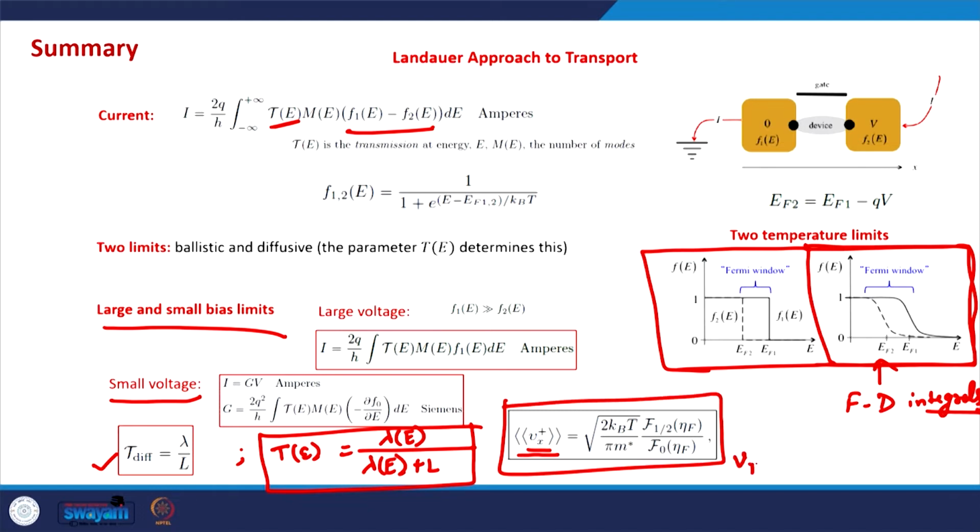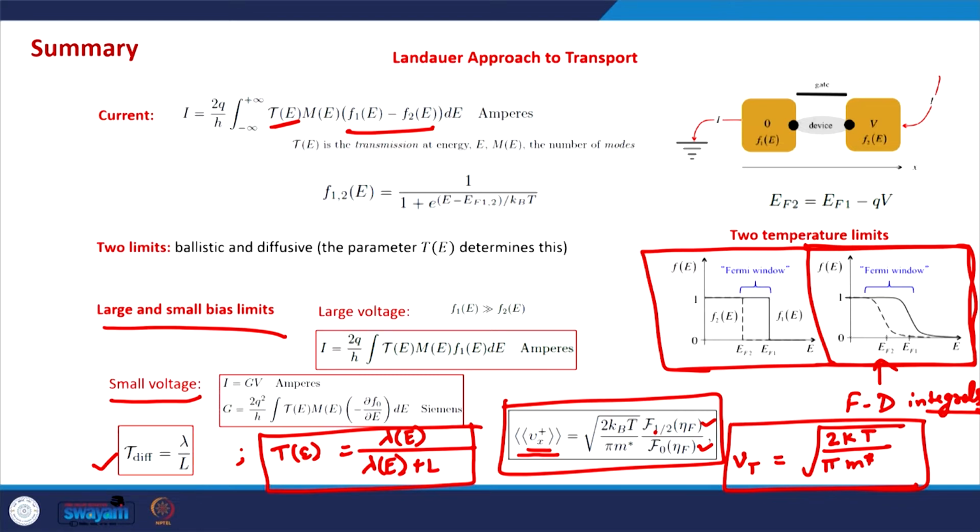The unidirectional thermal velocity is generally defined for a non-degenerate semiconductor, and this is its expression, because the Fermi Dirac integral in the numerator and in the denominator cancel out each other when we are considering a non-degenerate semiconductor.